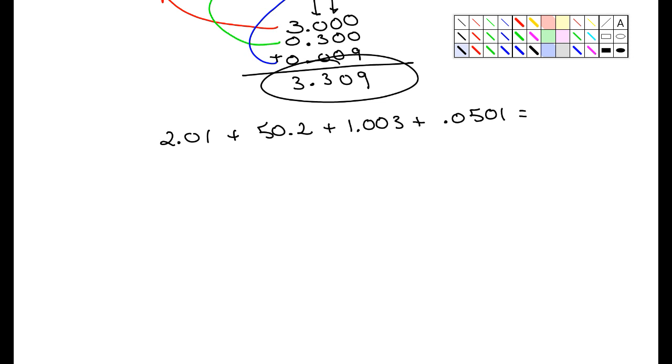Raise your hand if you remember how to set that up and add those together. So only one of you. Okay, well that's something we need to go over then.